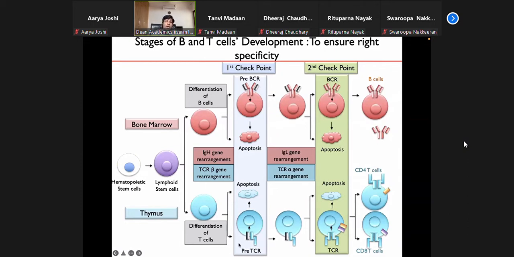Okay, you have generated a pre-TCR. The next stage is, let's say it has passed through this first checkpoint, it will then start rearranging the TCR alpha gene. Once you have fully formed this receptor, it will be scanned to see whether this TCR is recognizing your own antigenic peptides or not.